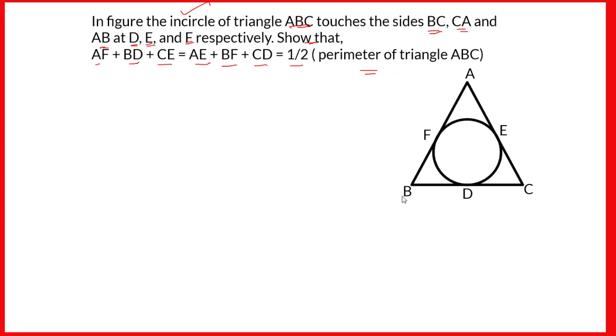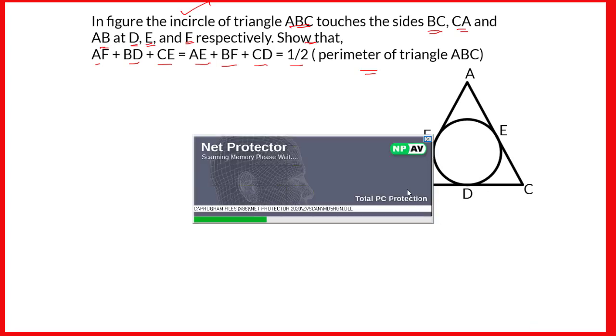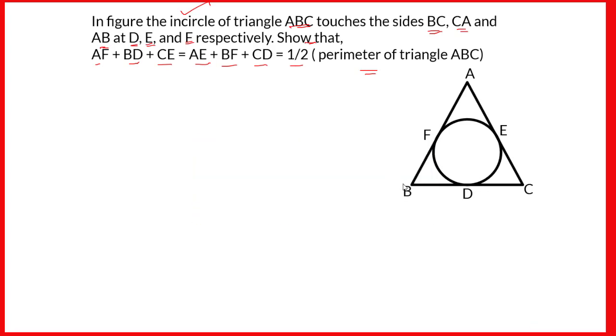Now here we know, friends, that the tangents drawn from the exterior point of a circle are equal. B is the exterior point, and therefore BD and BF are the 2 tangents drawn from the exterior point of the circle, and therefore these 2 tangents will be equal.